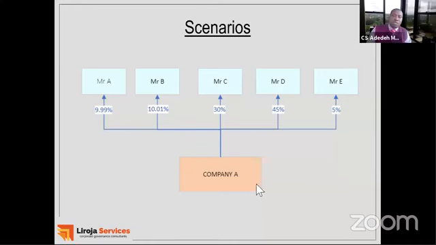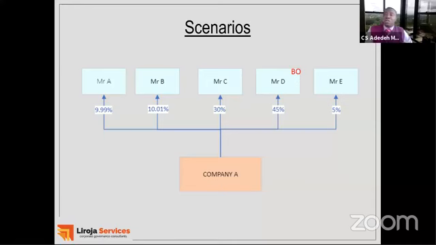Now, in assessing against the 4 criteria, we identify Mr. D with this 45% directly as a beneficial owner. So we then go to the next step of requesting them to provide any further information that may be necessary.